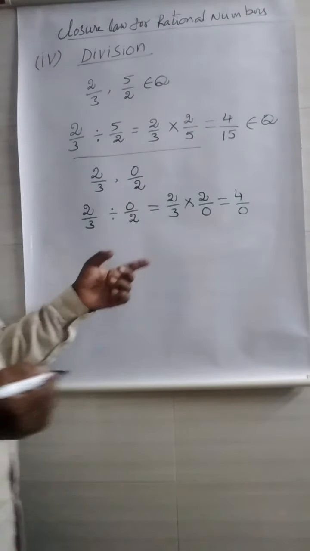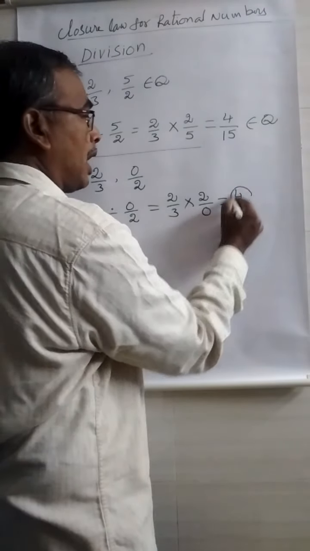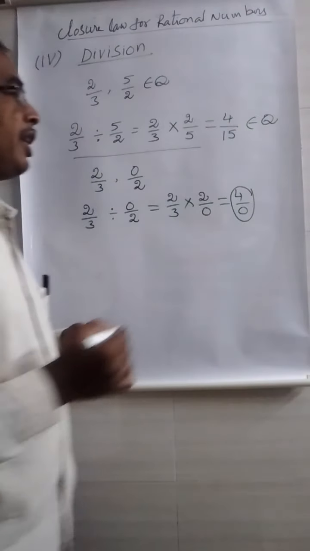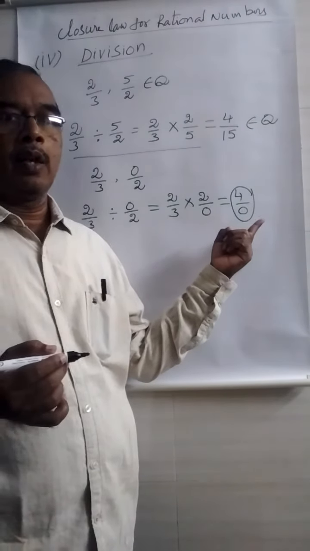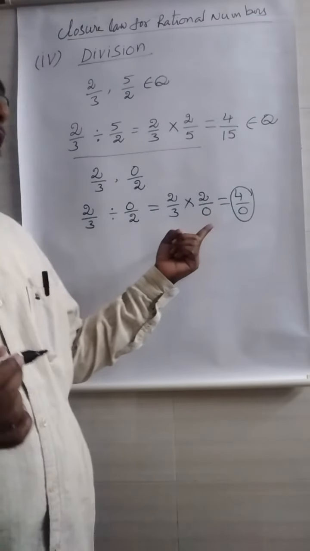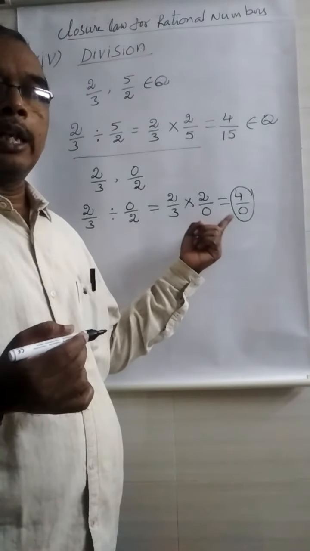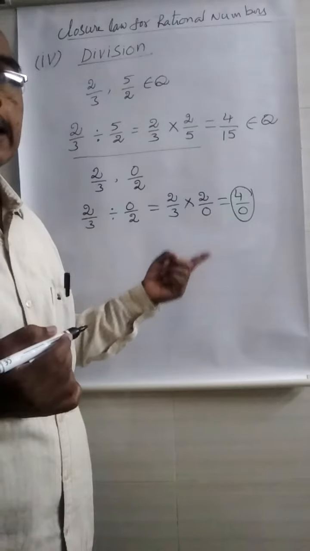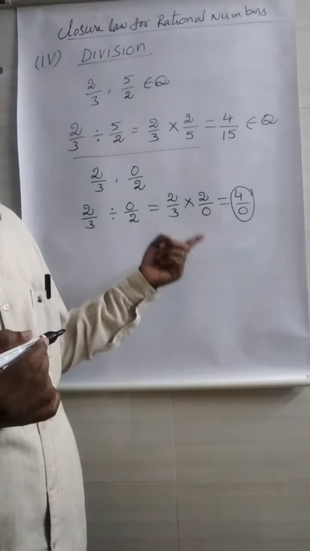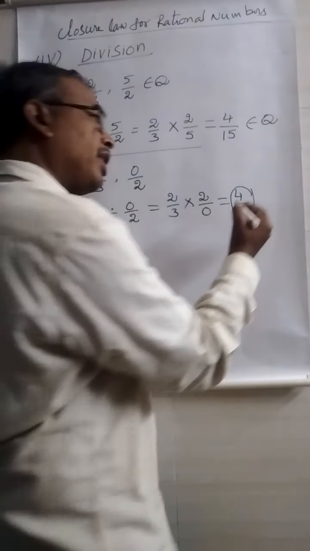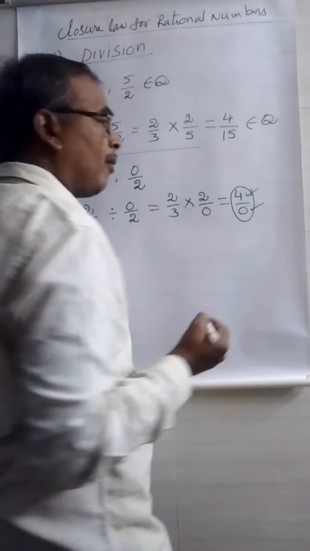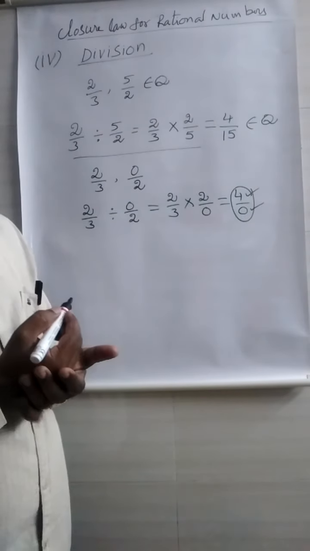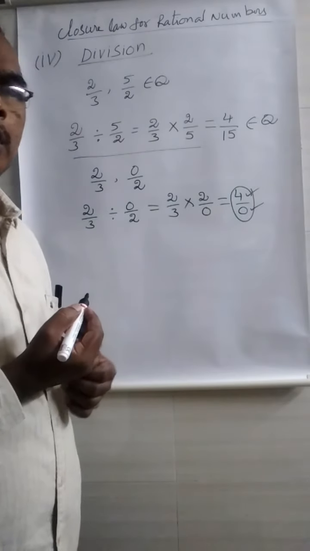Now what do you say about 4 by 0? What type of number is it? Is it a rational number or not? What is our definition for rational numbers? The numbers which are expressed in the form of p by q, where both p and q are integers. Here 4 is an integer, 0 is also an integer, but what is the value of this one? Is it divisible?